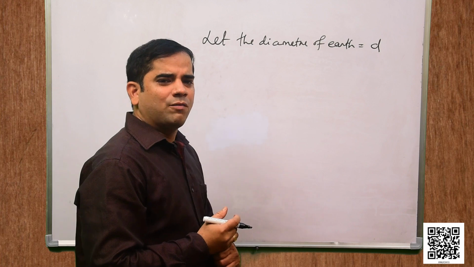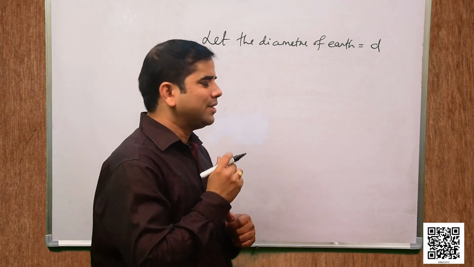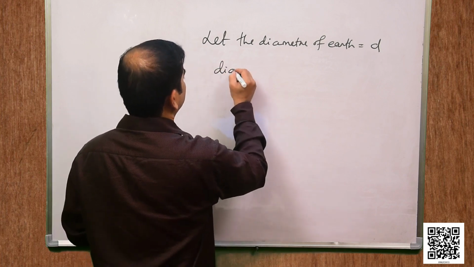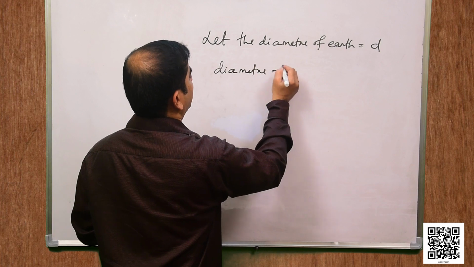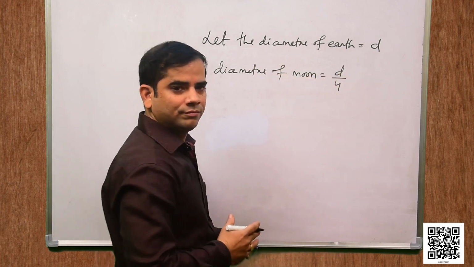And what is the relation between the diameter of earth and diameter of moon? It is 1/4. So, diameter of moon will be d by 4.